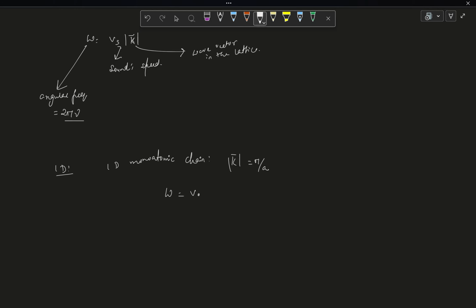So here ω is equal to ω_D, the Debye angular frequency, and this is equal to v_s times π/a. Now you take the total length as L. Your L will be n times a, where n is the total number of atoms present in that, and a is the distance between each of these atoms.